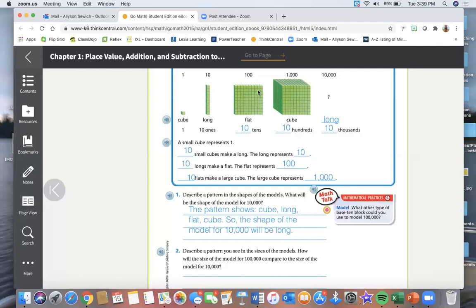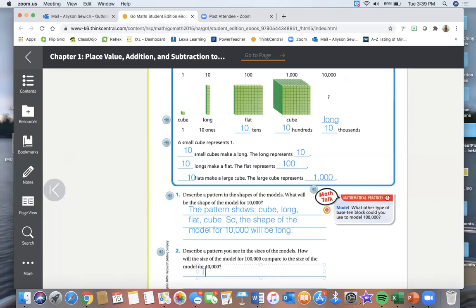The flat is 10 times the size of the long. The cube is 10 times the size of the flat. And our large long is 10 times the size of the large cube. So I'm noticing that the model for 100,000 will be 10 times the size of the model for 10,000, okay?